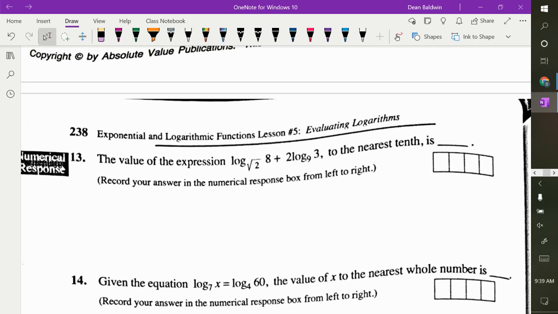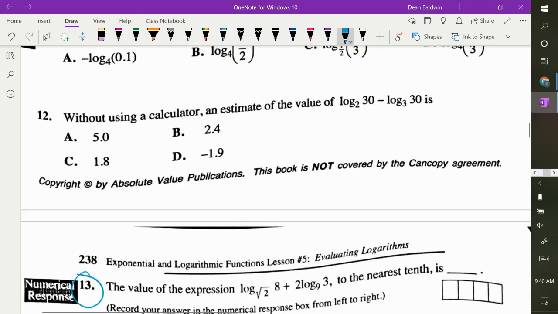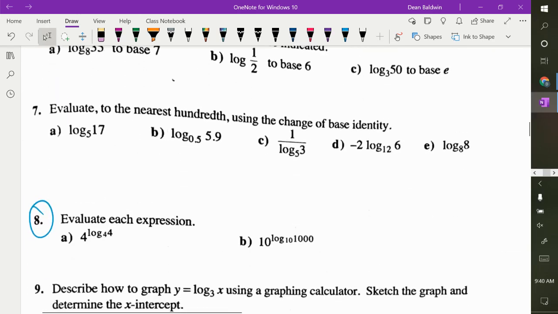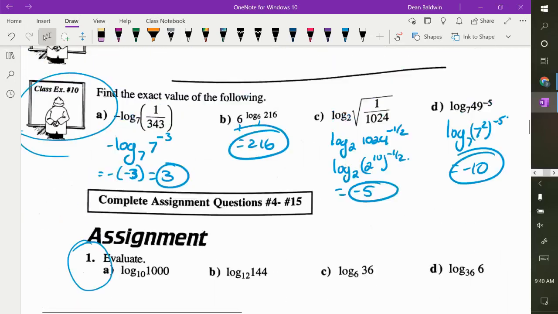If you want a challenge, 13. There you go. So what did I say? 1, 2, 3, 8, and 13. Please.